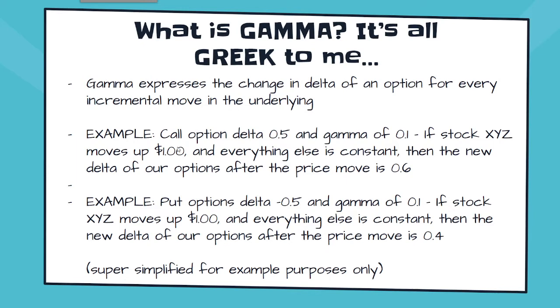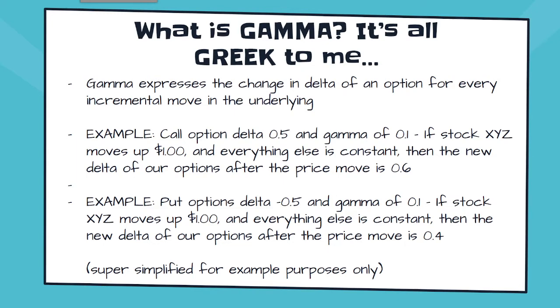So I'll give you an example right here. Let's say you have a call option at delta 0.5 and a gamma of 0.1. If your stock moves up $1 and everything else stays constant, meaning it's the same day, volatility doesn't change, and none of the other variables that go into pricing an option change, then the new delta of our option after the price move is 0.6.